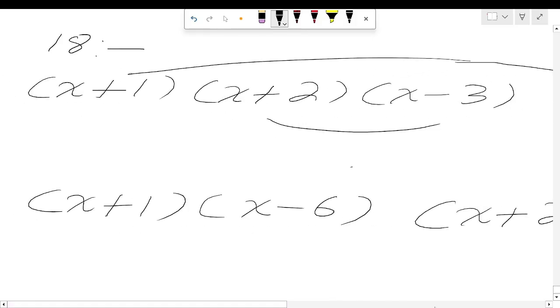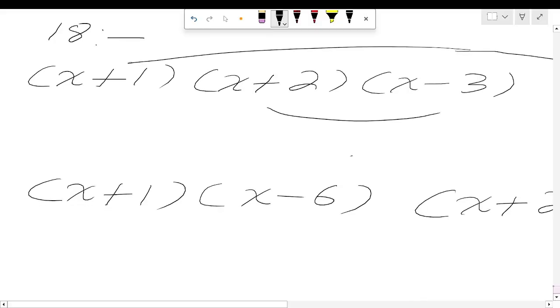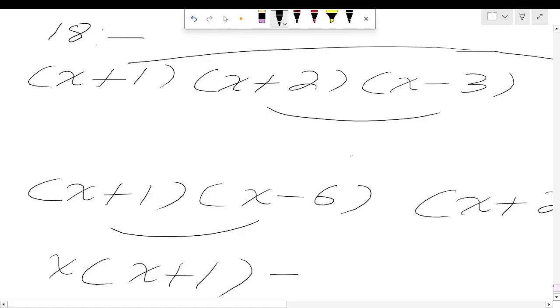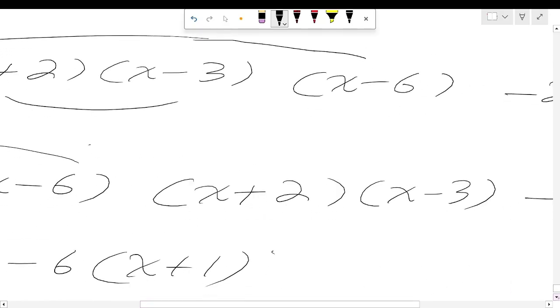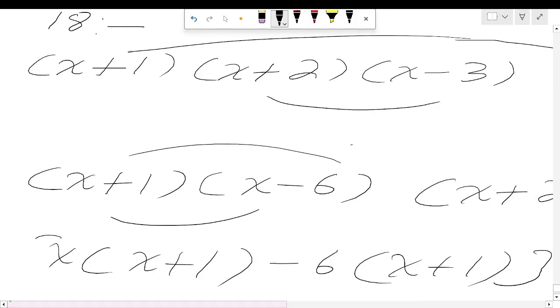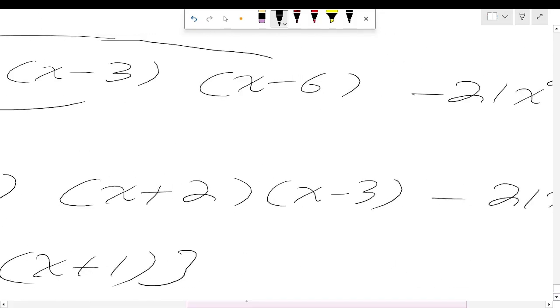Now let's multiply these terms. So how will we multiply these pairs of terms? You will write x bracket x plus 1 minus 6 bracket x plus 1. So this is the first multiplication term. I'll put a square bracket here because we need to differentiate it from the second.